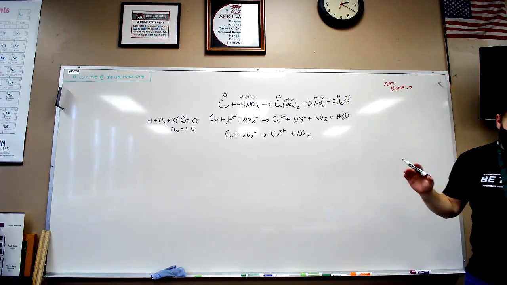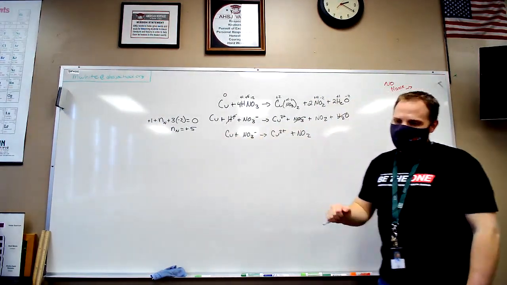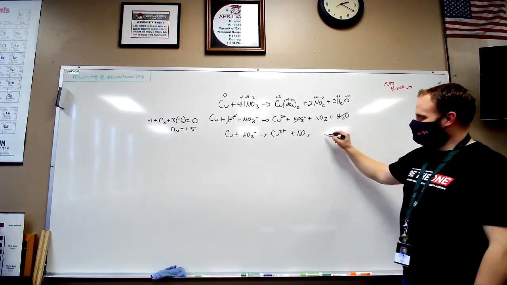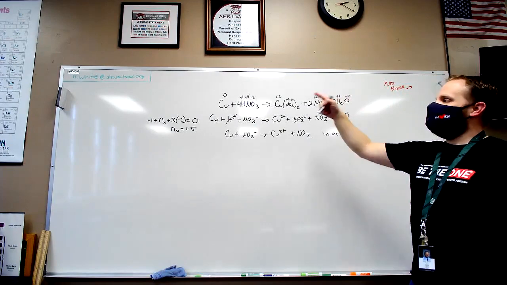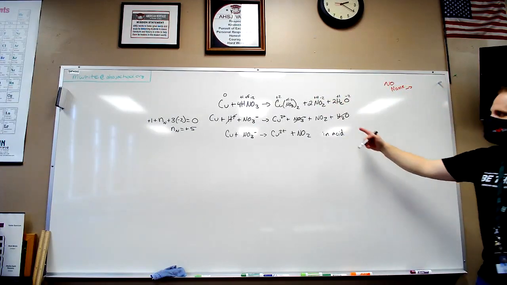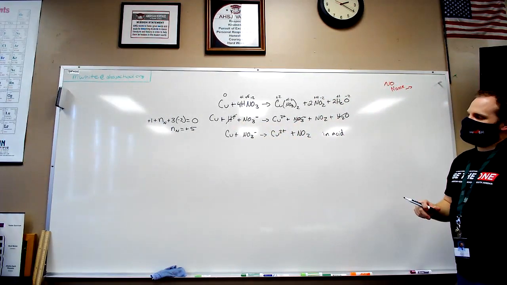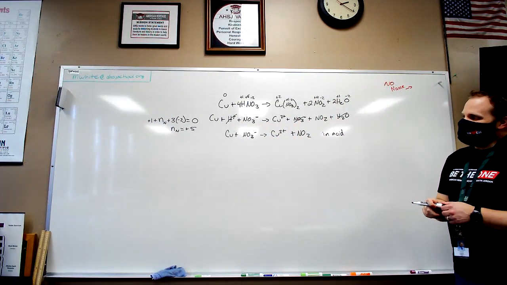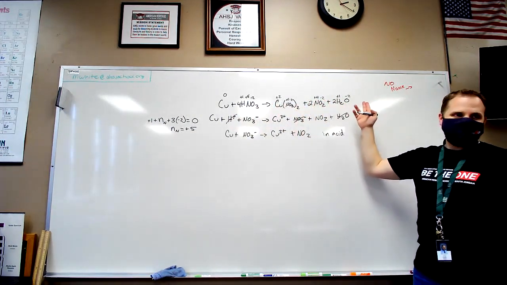Okay, so that is our net ionic equation. We do want to make a note that this is an acid, because then we know that we took out these things. So sometimes you will see it like this instead of like that.